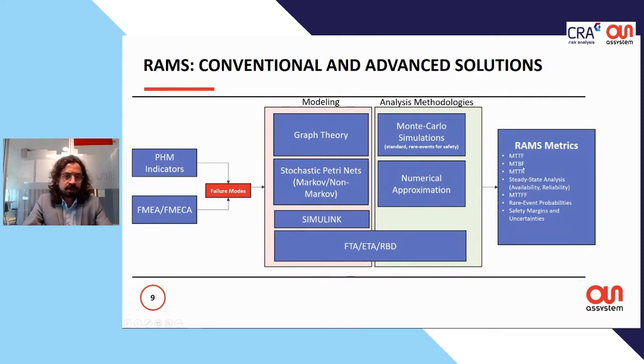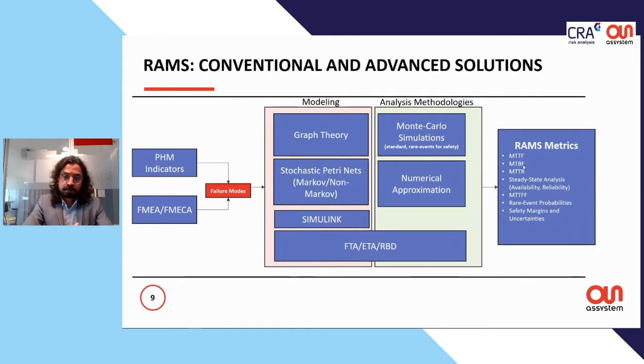There are several RAMS metrics, which, like I said previously, depend on the reliability, availability, maintainability, and safety. All metrics could be related to each other, and some of them can be derived from each other. So you have MTTF, mean time to failure, mean time between failure, mean time to repair. Steady state analysis, you have availability metrics, reliability, and then you have mean time to first failure.